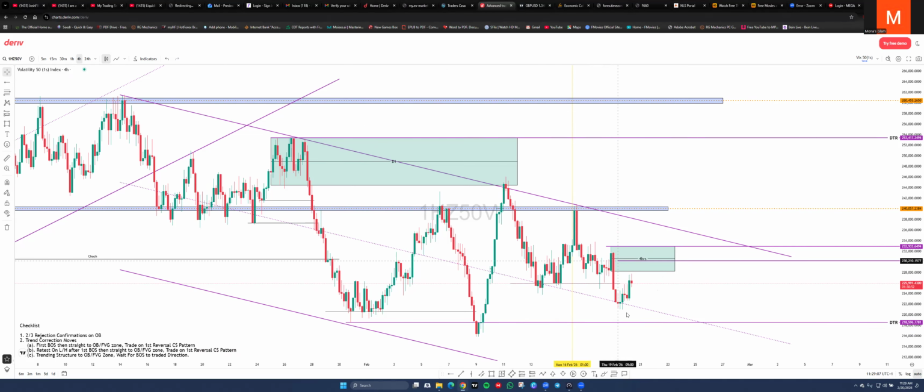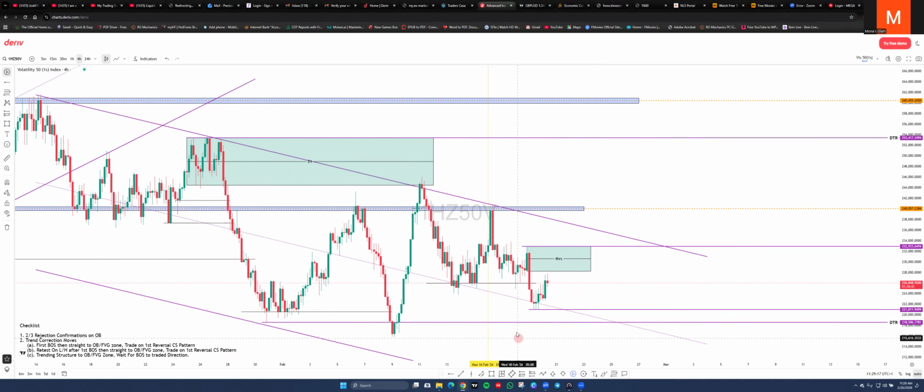I don't know if you can see where I'm pointing, but we're looking at these two points. We're waiting to see what the market will do while it's still around this area.